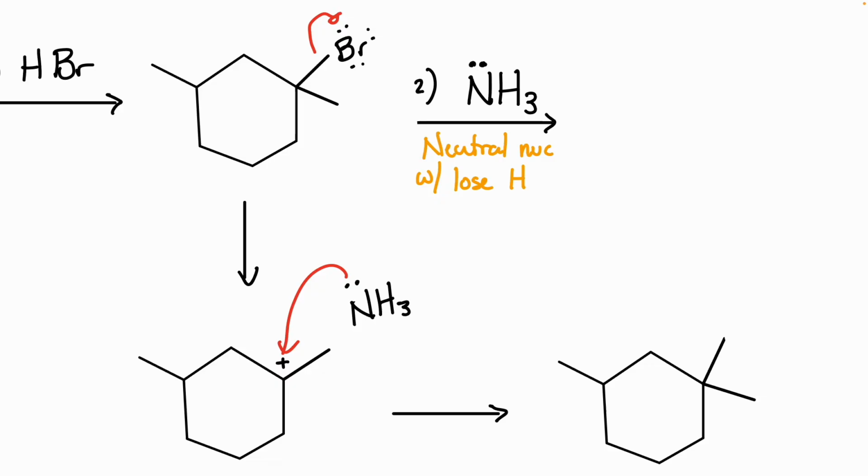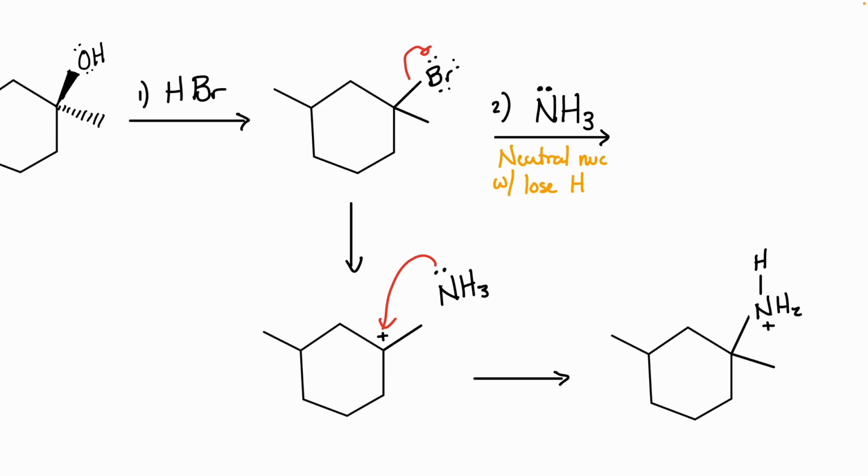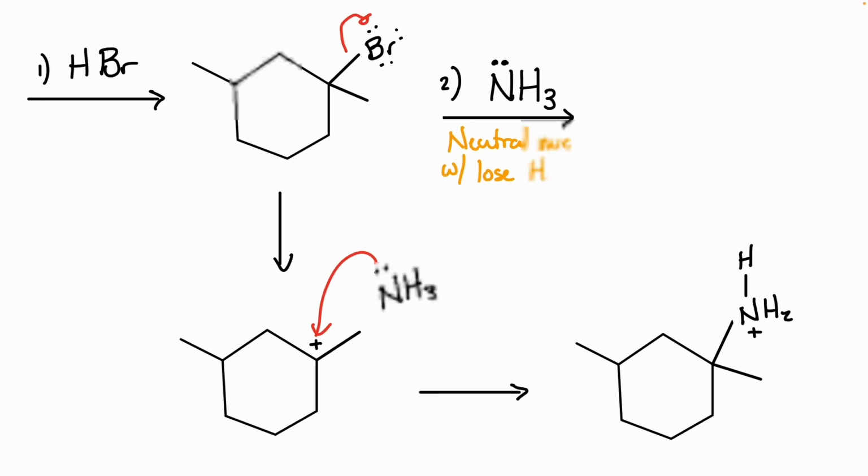All right, so if we want to finish off our mechanism here, we have this nitrogen. Now it's got 4 bonds, so it's got this positive charge associated with it. Well, there's going to be some base that comes along and retrieves that proton. We're just going to do generic base here.